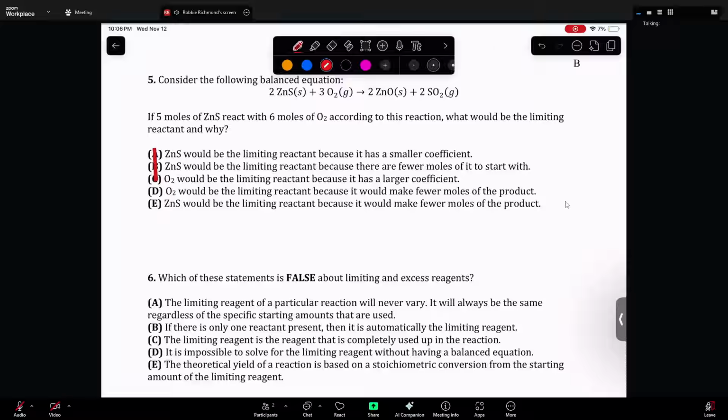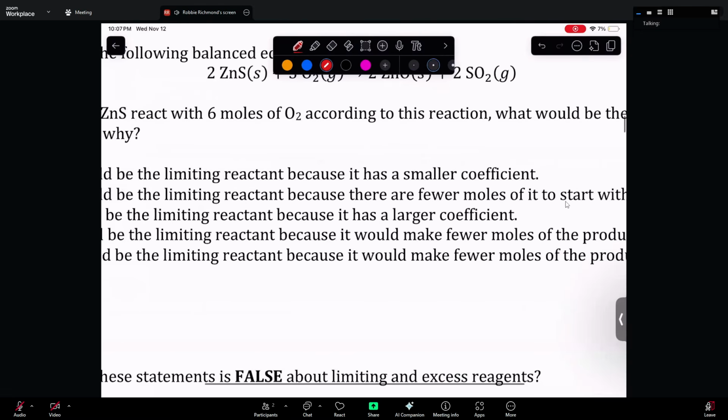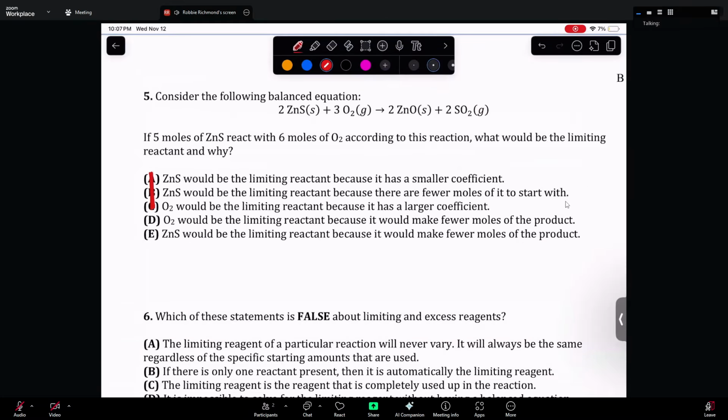A limiting reactant basically limits the amount of product that we can make. So a limiting reactant is not determined by having a smaller coefficient, fewer moles, or a larger coefficient. It is entirely dependent on how many moles of product it generates.